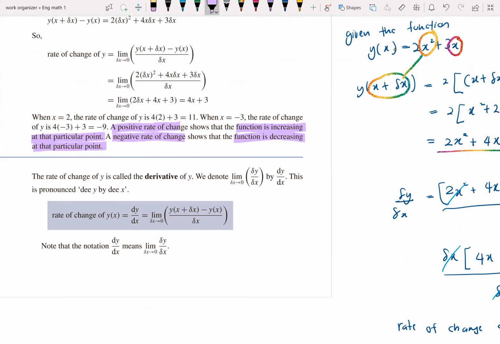The rate of change of y, which we usually denote by the limit as delta x approaches 0 of delta y over delta x, we can denote by dy over dx.